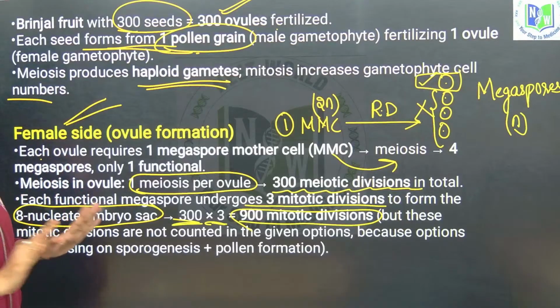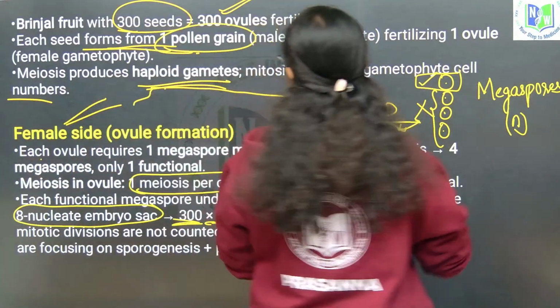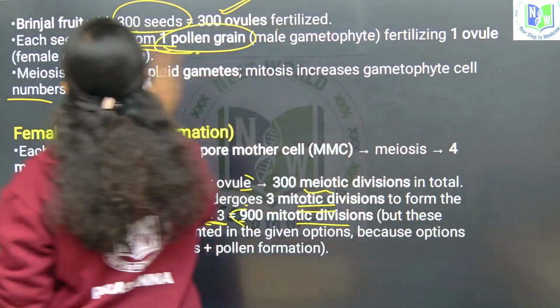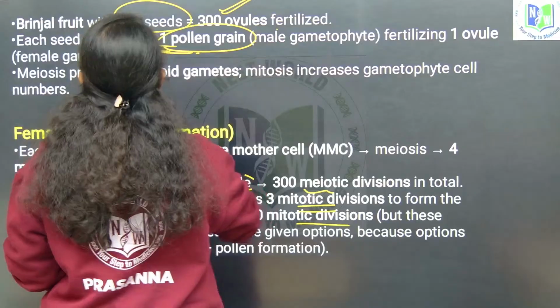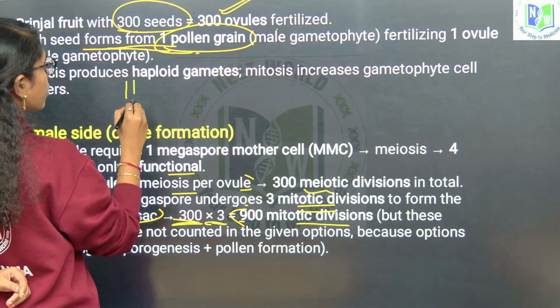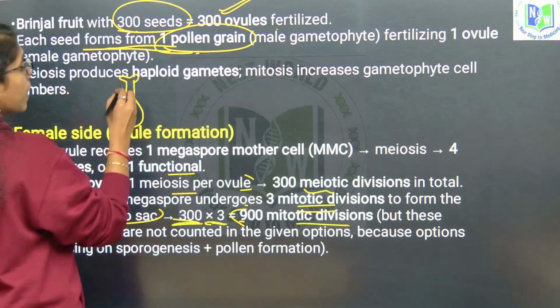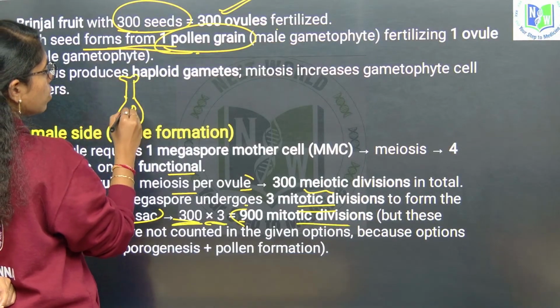So, let me explain in detail, Vita. Listen carefully. First, this is clear to you, right? Stigma, style and ovary. Inside the ovary, ovules are present.